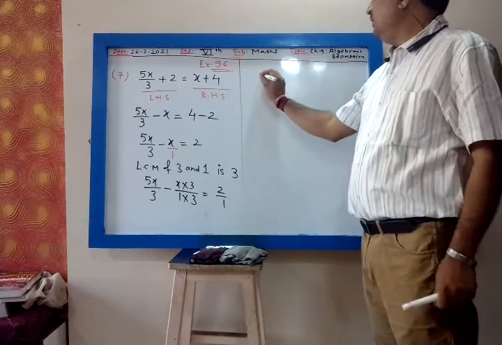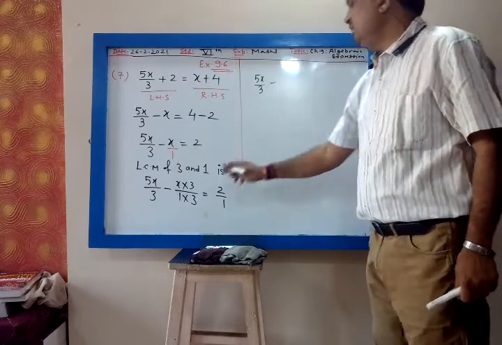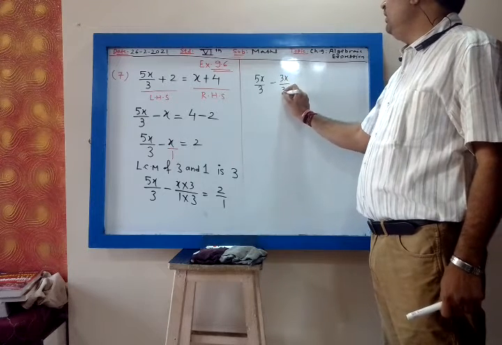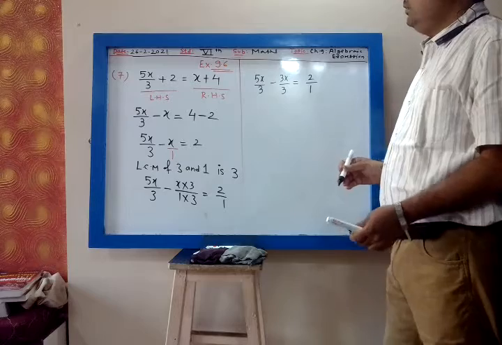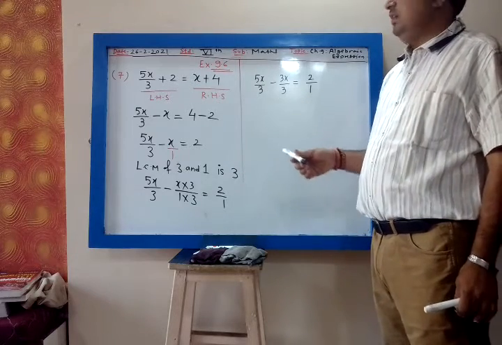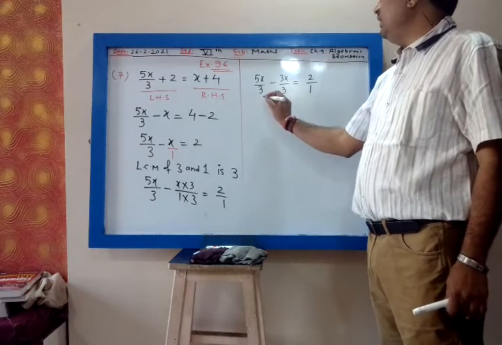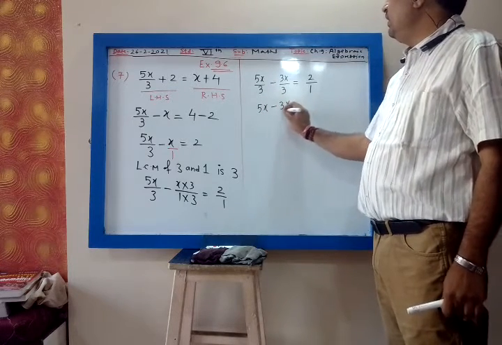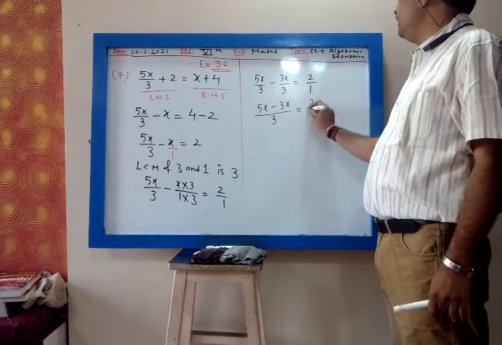So this becomes 5x upon 3 minus 3 into x is 3x, 3x upon 3, is equal to 2 upon 1. Now denominator is same, 3, 3. So we can simplify numerator. Numerator is 5x minus 3x whole divided by 3 is equal to 2 upon 1.